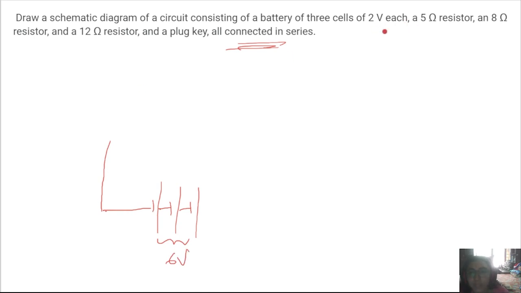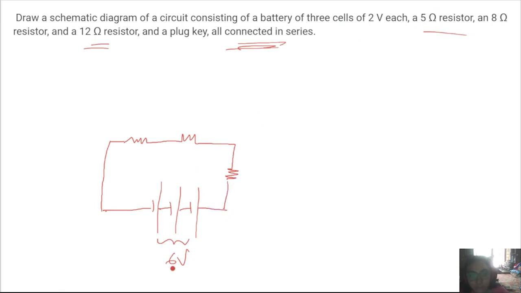Okay. Now we know that 3 resistors are connected. Sorry, resistance, not bulb. So 1, 2. You can place them however you want, like I'm doing it like this.